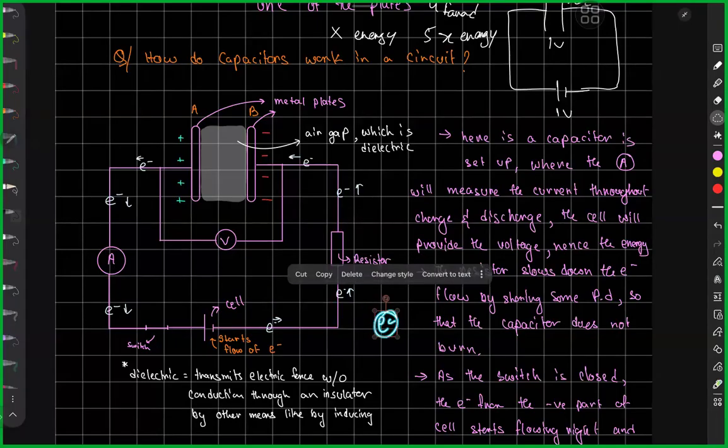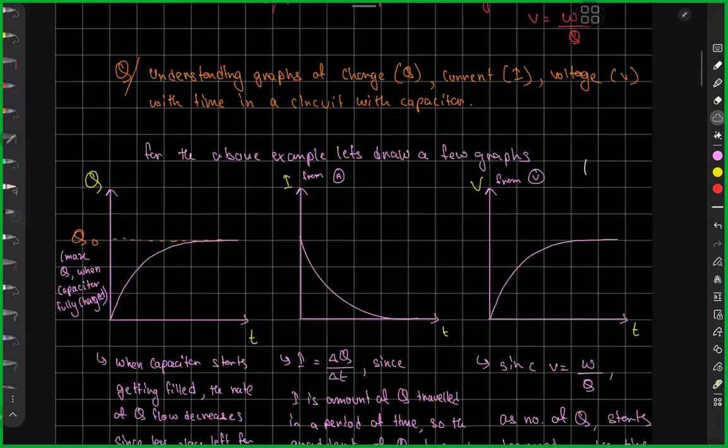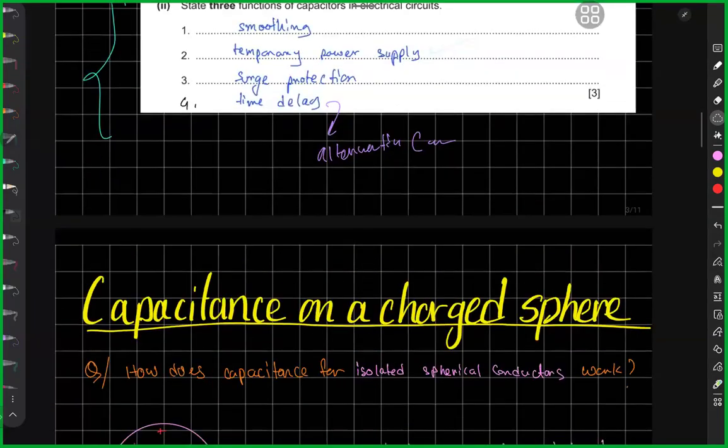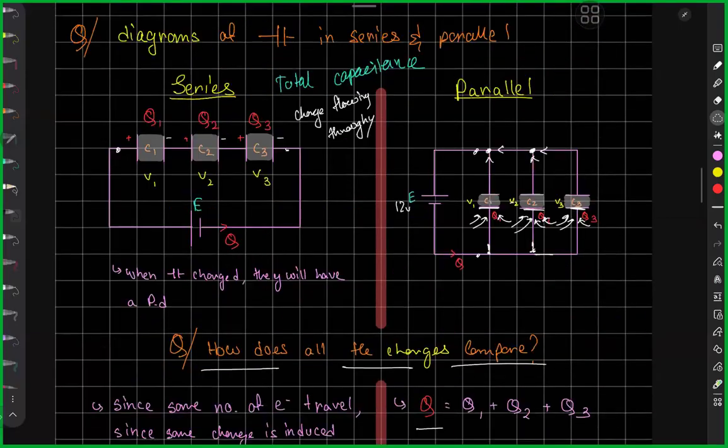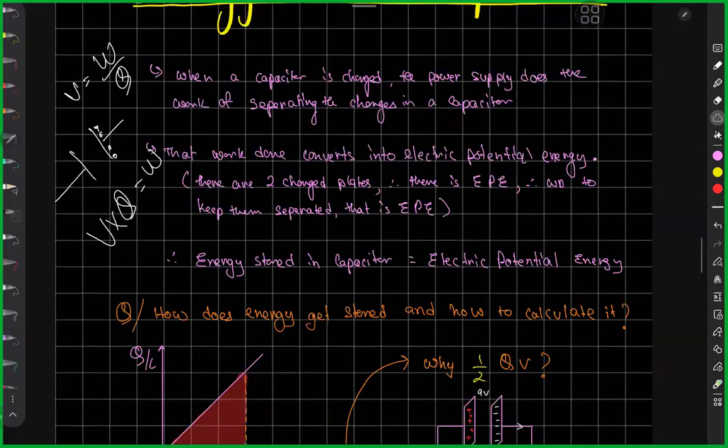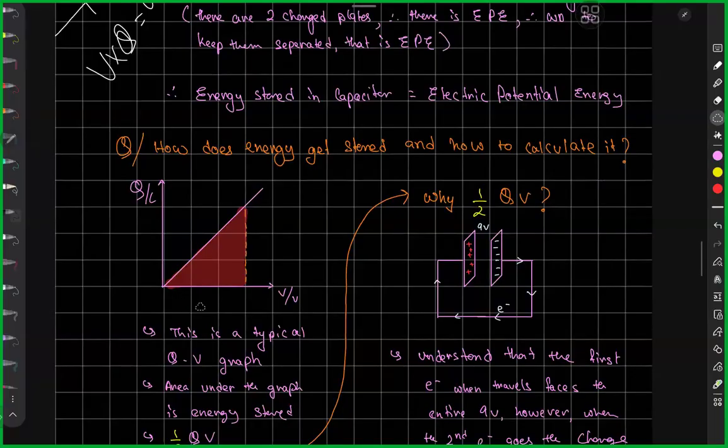So if I try to show that to you, it looks something like this. As the amount of voltage keeps increasing at the capacitor, or as the amount of charge increases on the plates of the capacitor, the amount of work done on each electron increases as well.